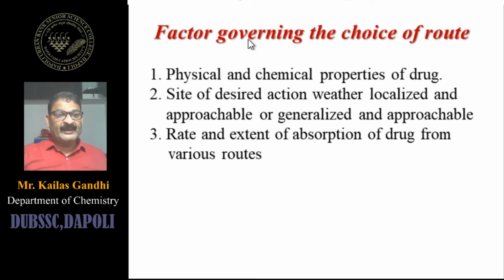When we take any drug by the oral route, the drug which is administered and the drug which is bioavailable in the blood stream are different, and the bioavailability is definitely less than the drug administered by the oral route. So it also governs the choice of the route.